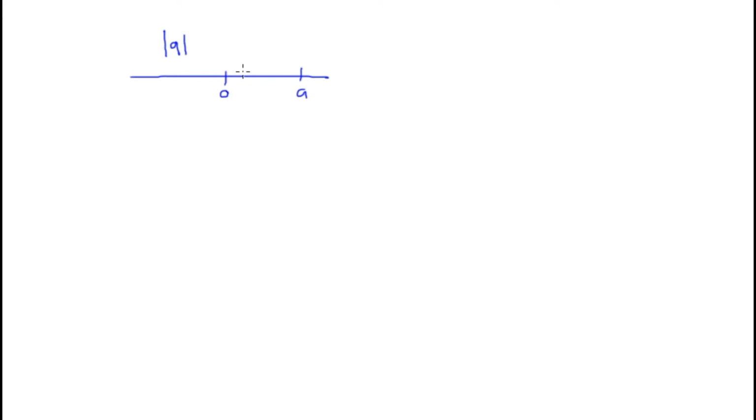Notice that if it is n distance away, from this point to this point is represented as n, note that minus a will also be represented as n, and that's why the absolute value of a is the same as the absolute value of minus a, and it is represented as the distance between a and 0 on either side.